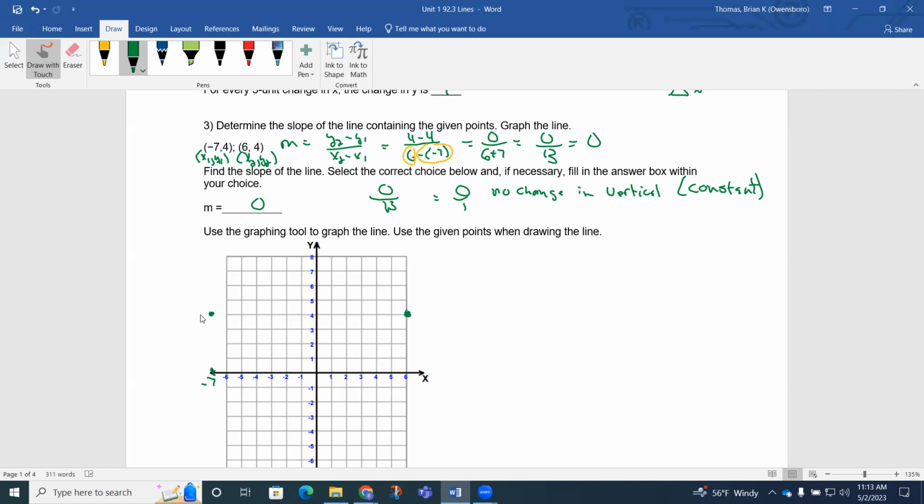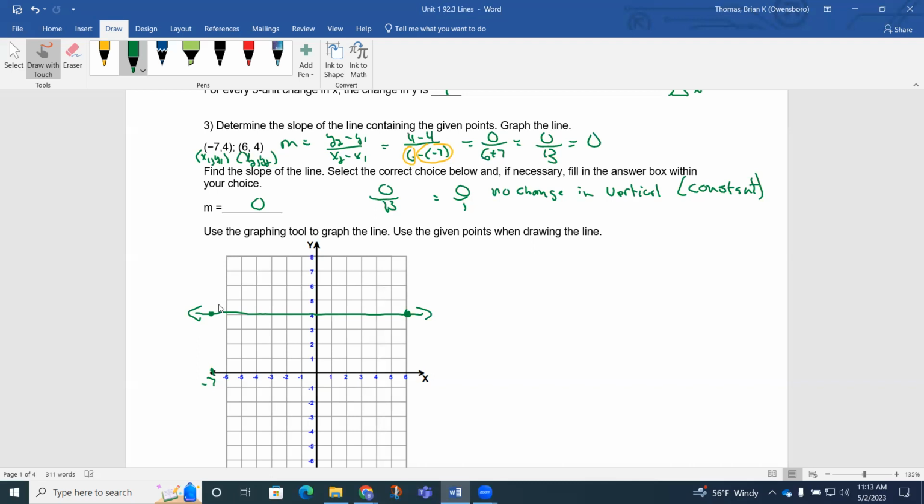So then the graph itself would be a line that passes through those 2 points. You may have to watch some videos early on about the graphing tools, but it's actually pretty easy to do. And I may model those as we need to. If you have any issues, just let me know.